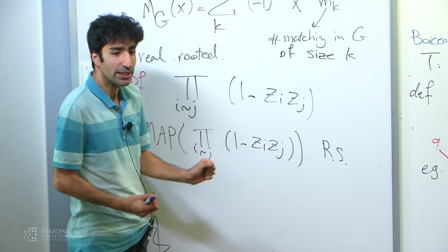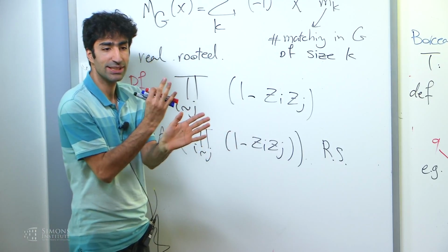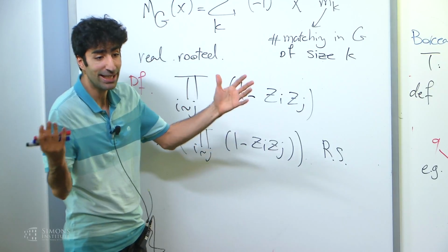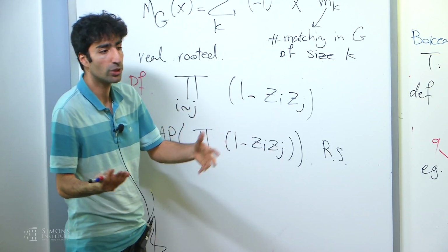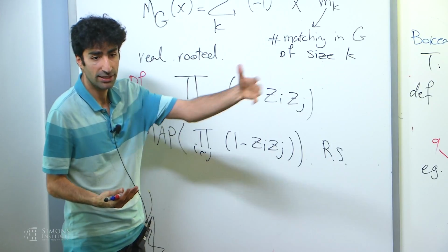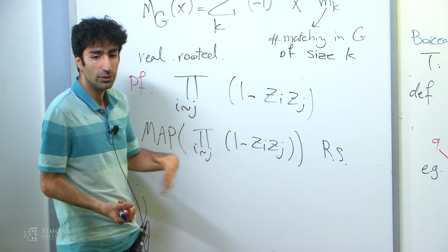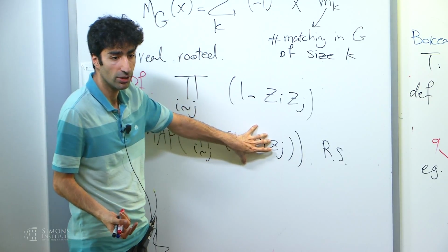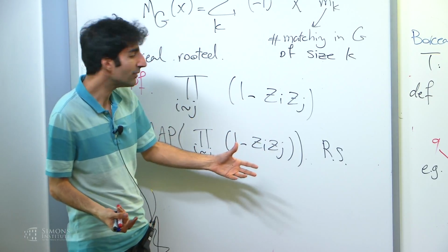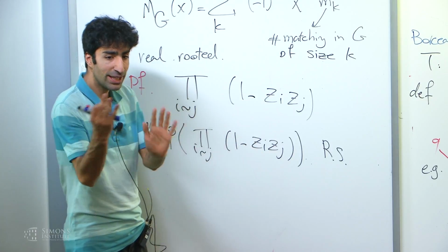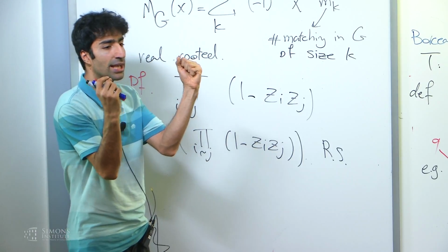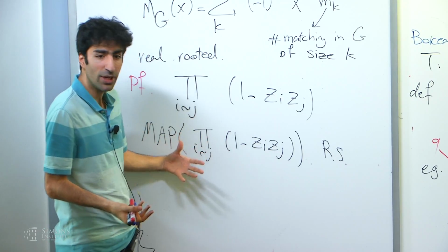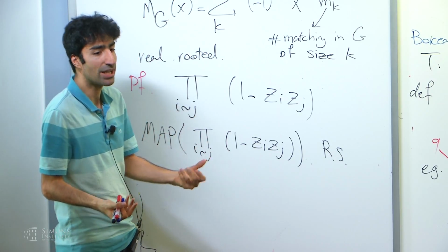Now, if I choose 2 edges which are neighbors of the same vertex i, if I choose z_i z_j and maybe z_i z_k, I'm going to have a z_i squared, or maybe a higher degree of i, depending on the rest of the edges. And MAP will map that monomial to 0. So a monomial will survive only if all the edges that I choose don't share any endpoints. In other words, a monomial will survive if the edges that I choose form a matching.